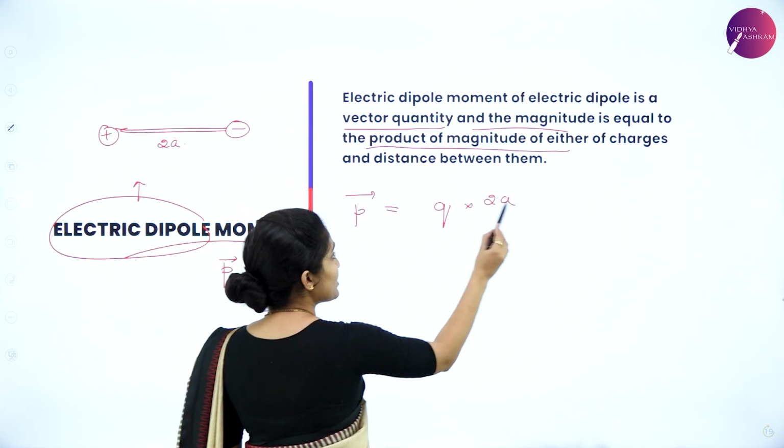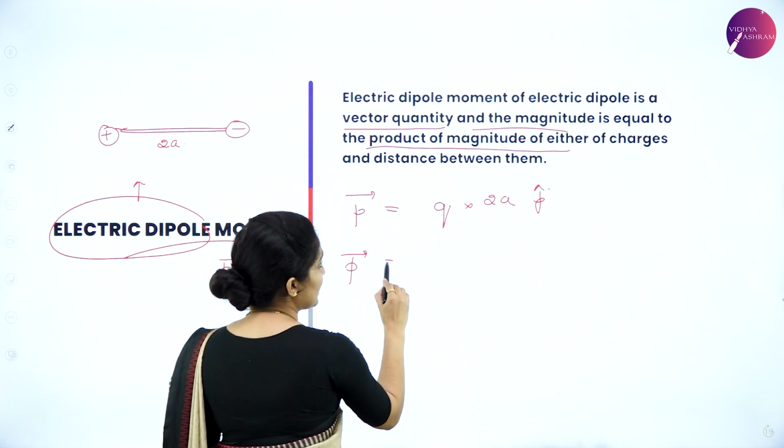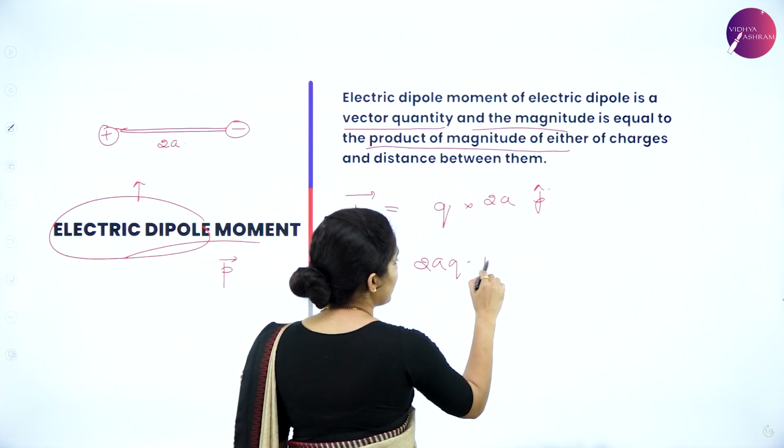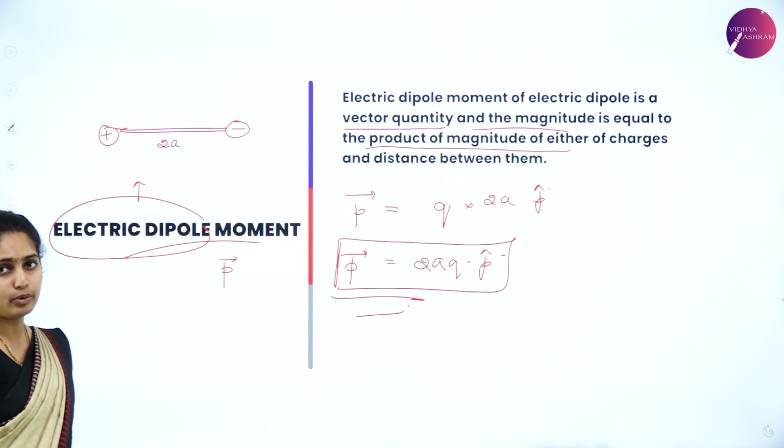To balance this vector quantity, we have p cap, a unit vector. So vector p is equal to 2aq p cap. This holds good for your electric dipole moment.